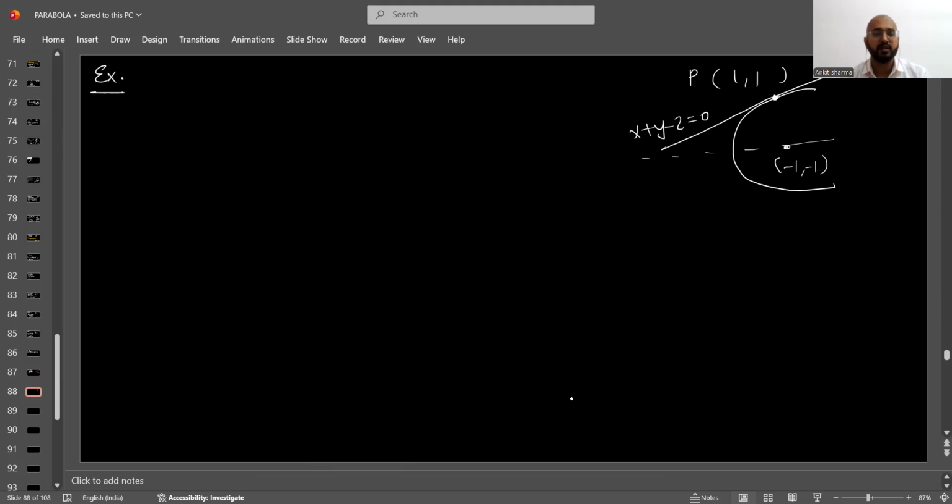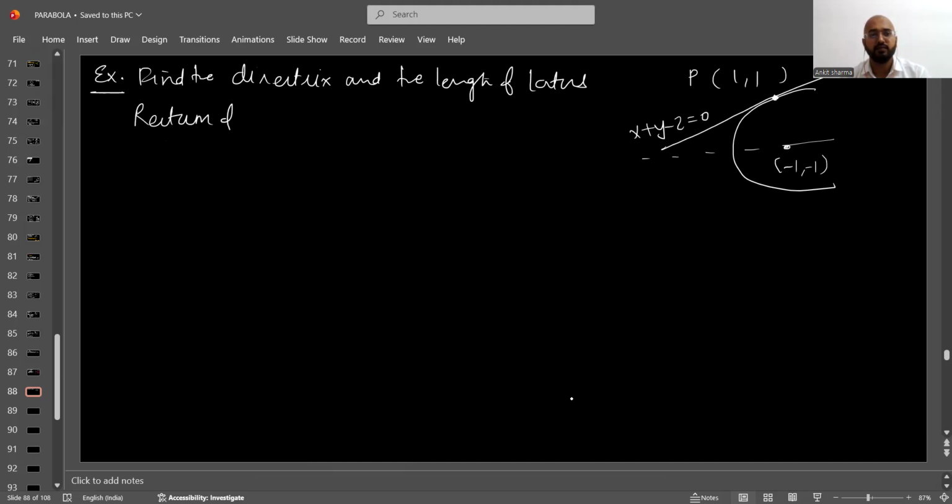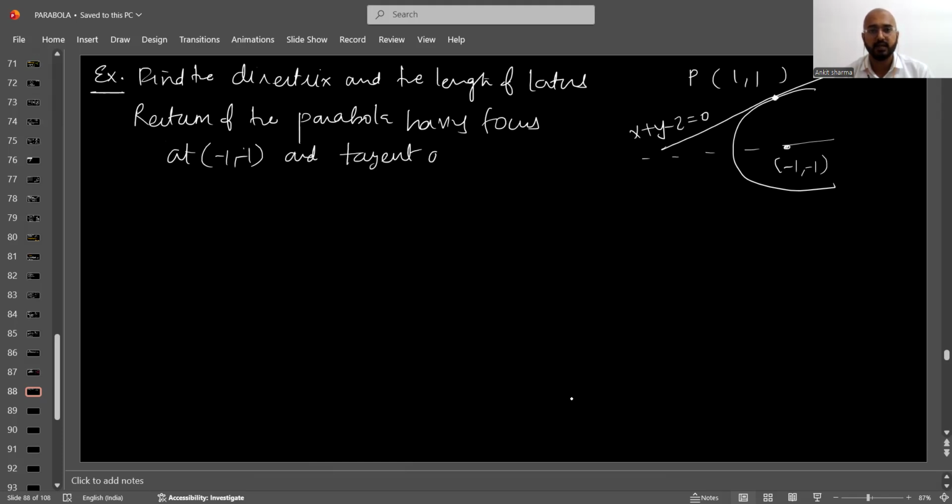So now the question would be: find the directrix and the length of latus rectum of the parabola having focus at minus 1 comma minus 1 and tangent at point P(1, 1) on the parabola is x plus y minus 2 is equal to 0.